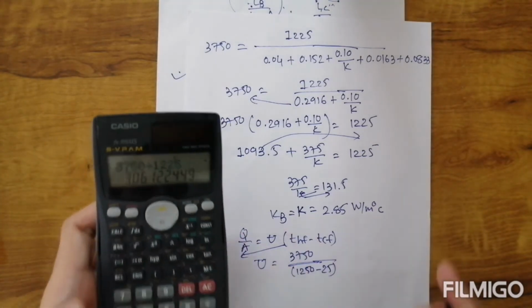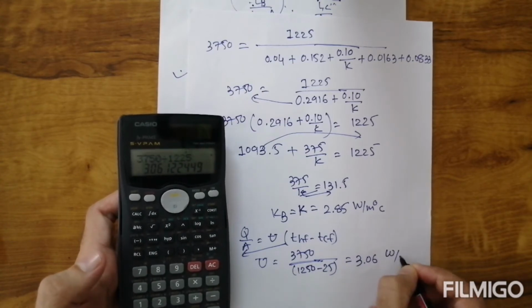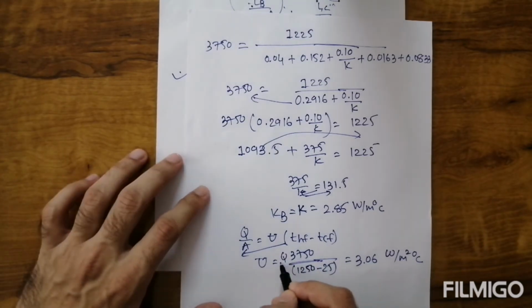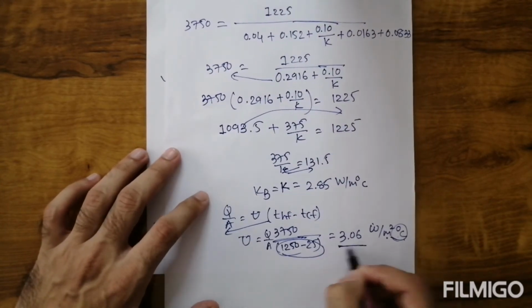So capital U is 3.06. The unit is watt per meter square degree Celsius, because the unit of Q by A is watt per meter square and the temperature difference is degree Celsius. Our capital U is done.